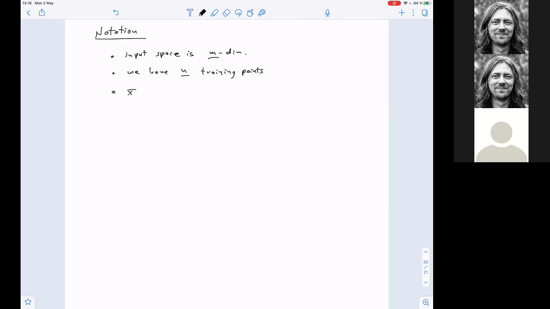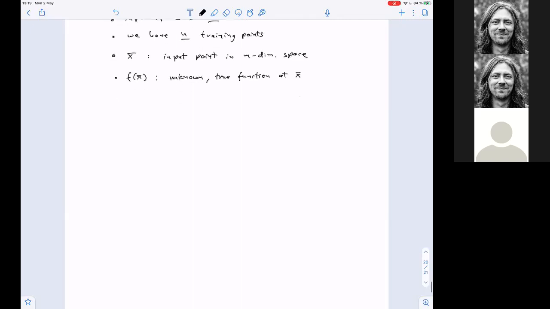So the x vector is the input points in this n-dimensional space. And f of x vector is the, in principle, unknown function at x.